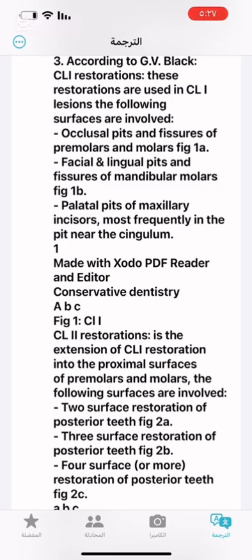The following surfaces are involved: 2-surface restoration of posterior teeth, Fig 2a; 3-surface restoration of posterior teeth, Fig 2b; 4-surface or more restoration of posterior teeth, Fig 2c. Figure 2.